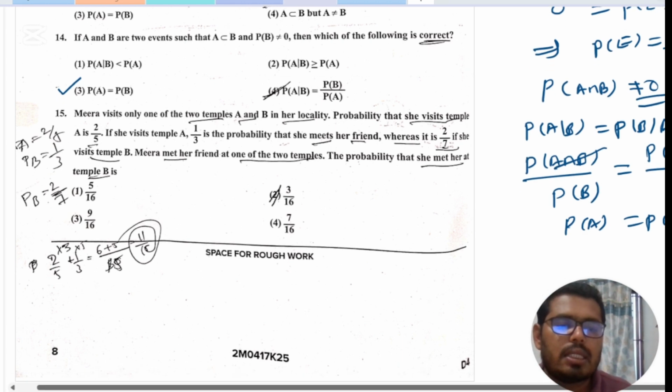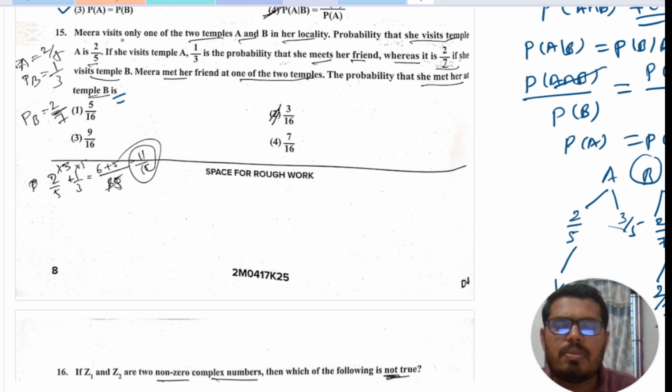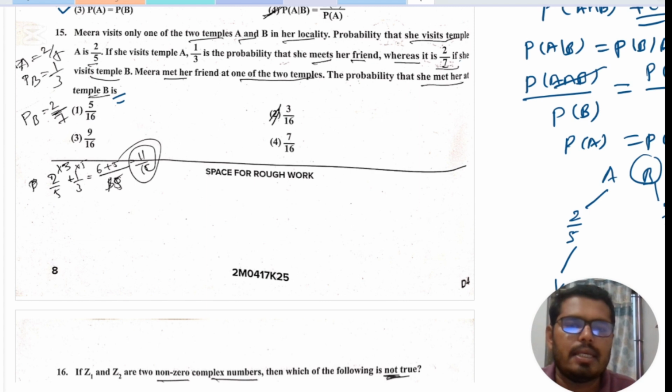Okay, temple A and temple B are there, and Meera visits only one of the temples A and B. It means the probability of visiting A is 2 by 5, then for temple B is 3 by 5. Then meeting the friend at B is 2 by 7.